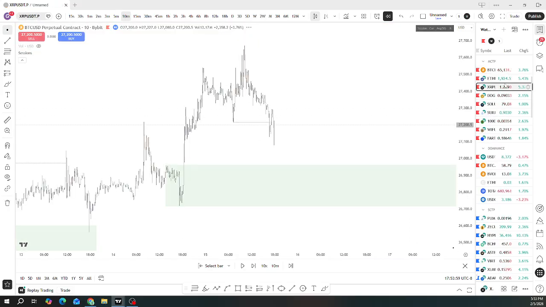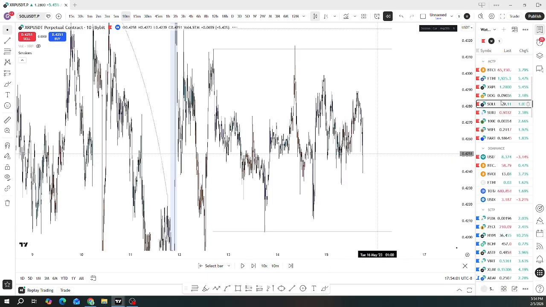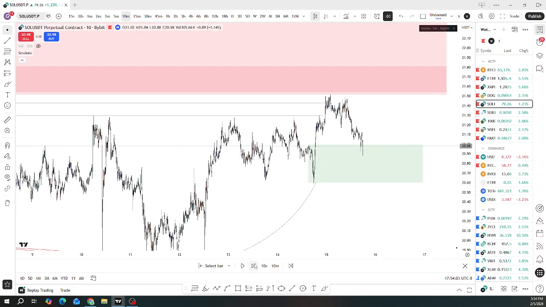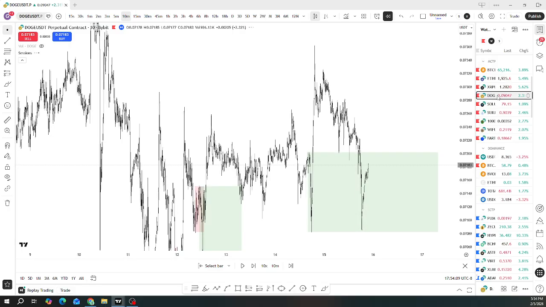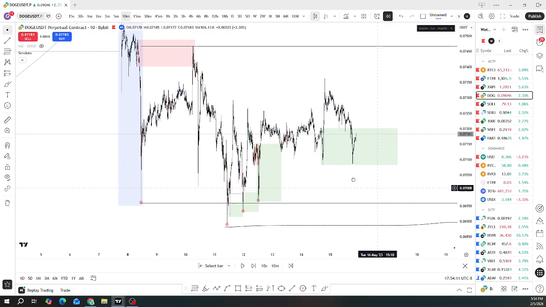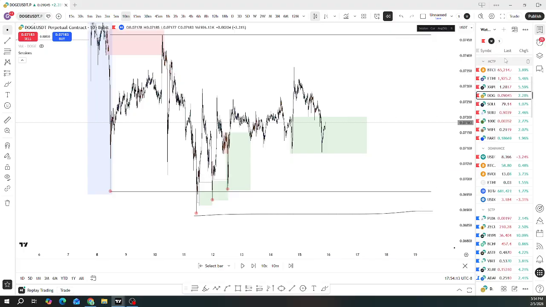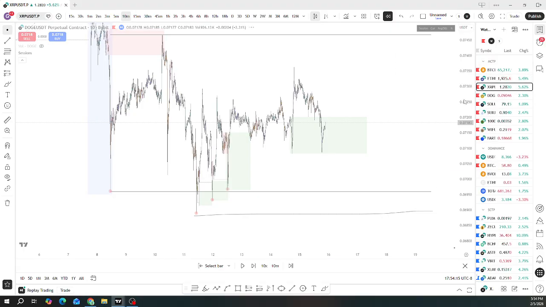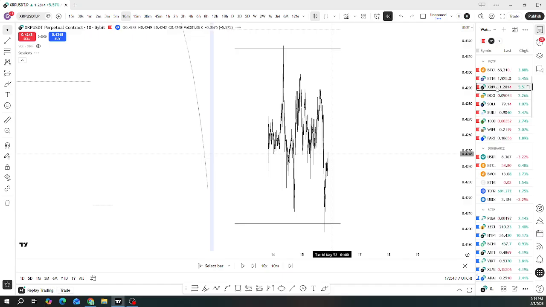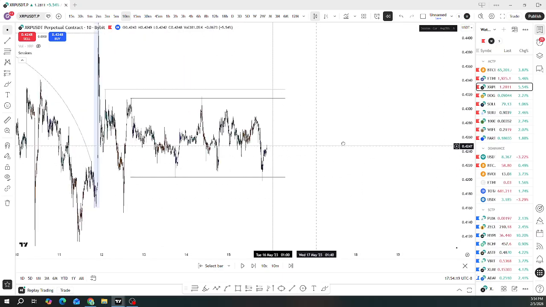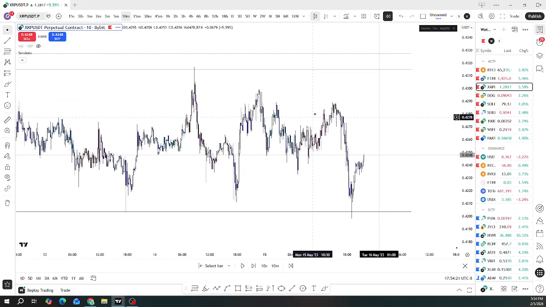Things are coming down locally. XRP completed that model.